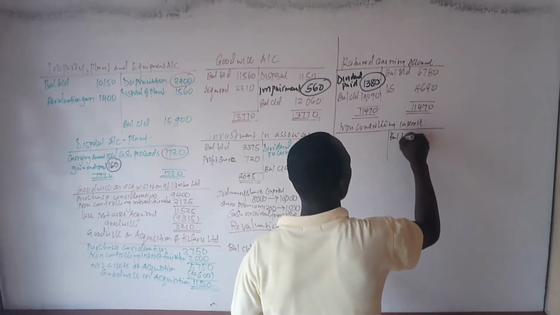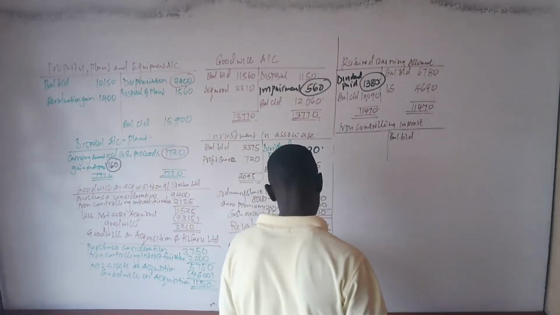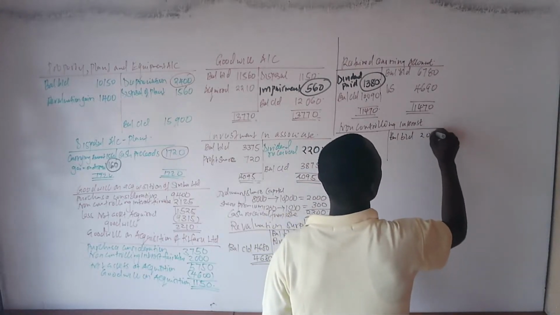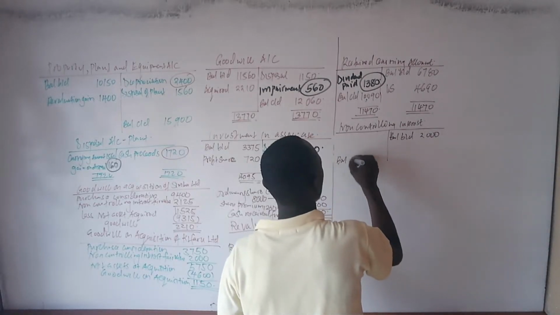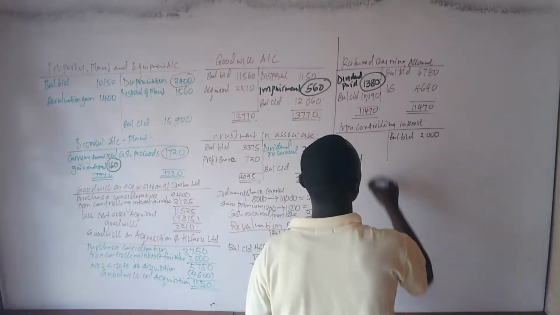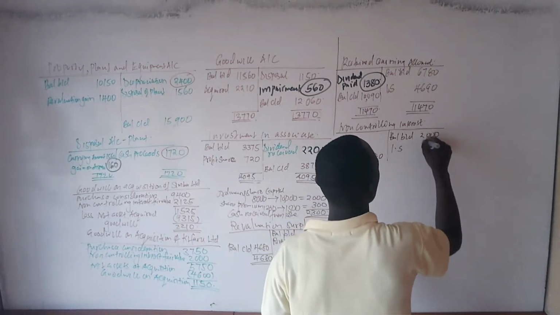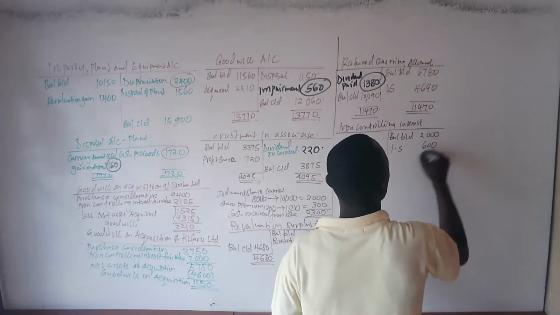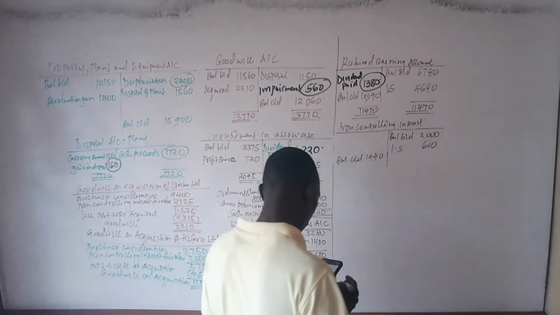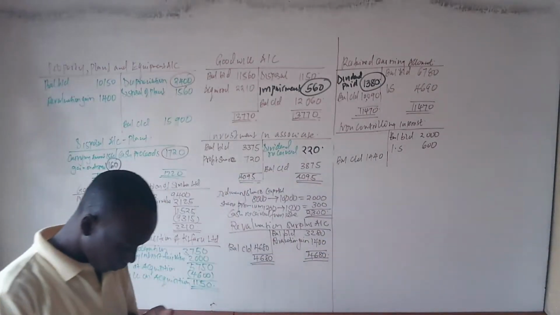Give me the balance brought down. The balance brought down was how much? 2,000. Then we had the balance carried down of how much? 1,940. Then from there, income statement was how much? 600. And then this is what we are told.